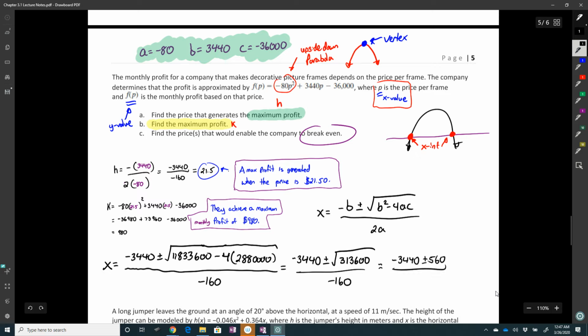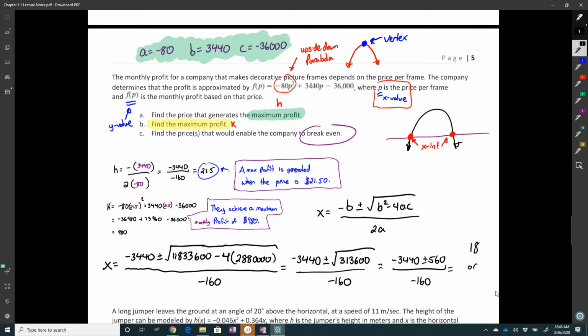So we're going to have plus 560 and minus 560. So if I get negative 3,440 and I add 560 and then I divide by negative 160, I get 18. Or, negative 3,440 minus 560 divided by negative 160, and I get 25.